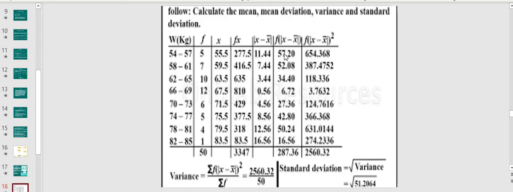So we will multiply this value with its corresponding x value, corresponding x minus x bar, meaning the deviation score.